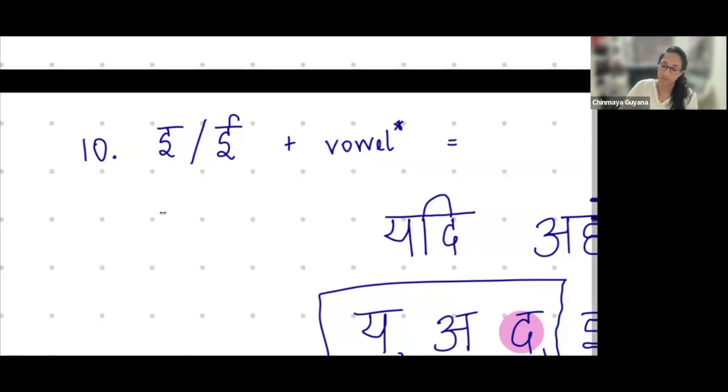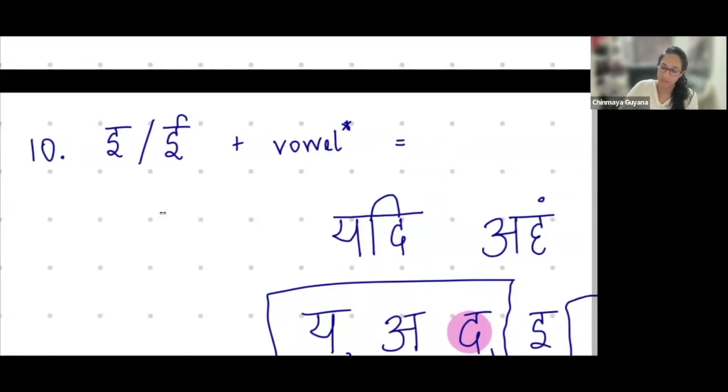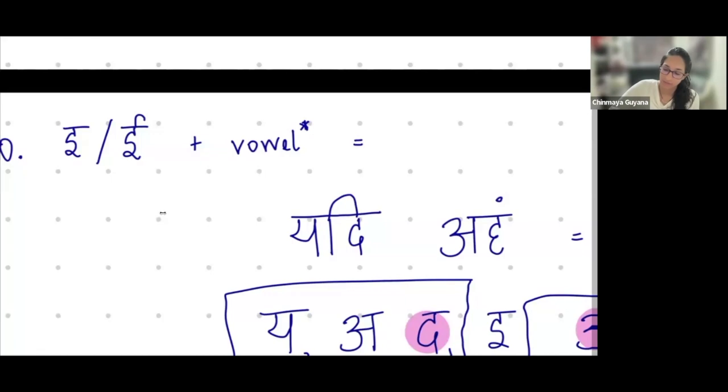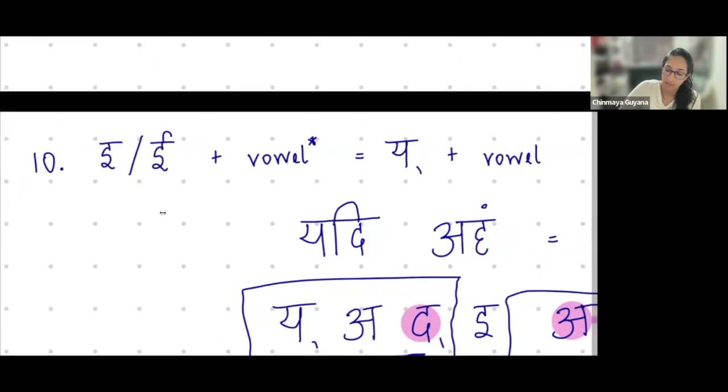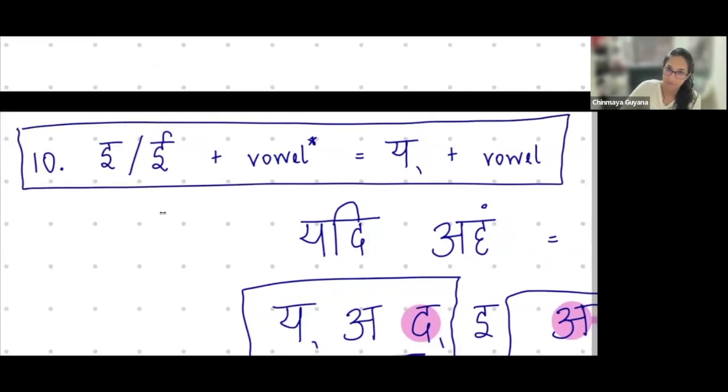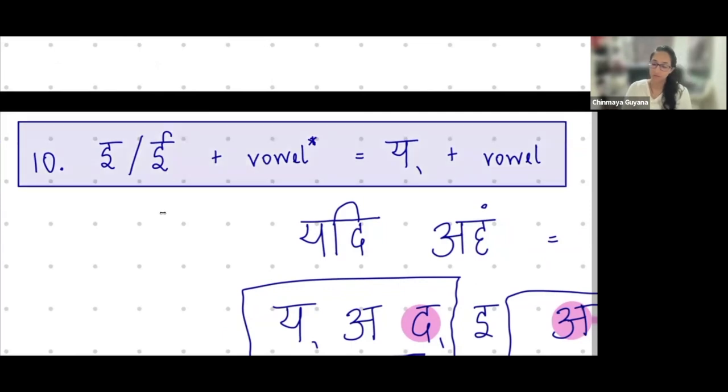The answer is, what is going to happen in the sandhi? It's going to become ya halant plus the vowel. I or ee meeting a vowel will become ya halant plus the vowel.